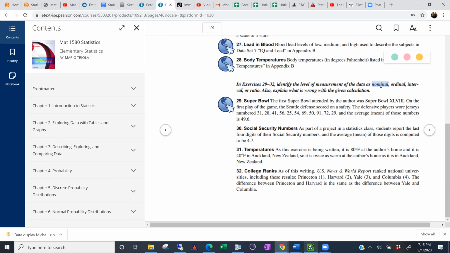I don't think you can order somebody saying that, oh, so-and-so is better because they have a higher social security number than you do. The order doesn't really mean anything. It's just a number. And in that sense, I feel that it's nominal data for problem number 31. Yeah, a social security number is used to identify you. So basically it's taking the place of a name.